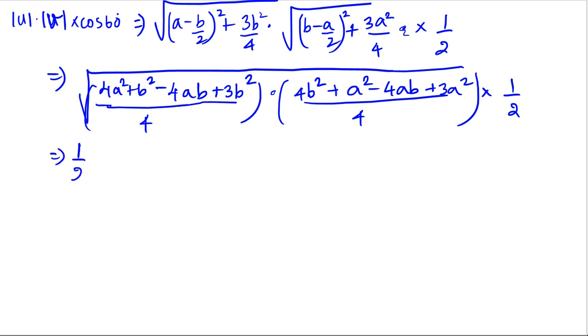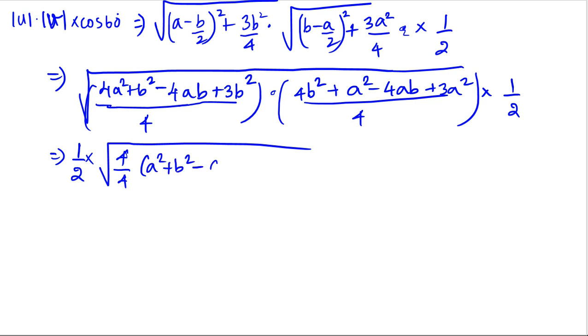So this on further simplification will give me, the square root will get cancelled with these squares, and this 4 and 4 will get cancelled.